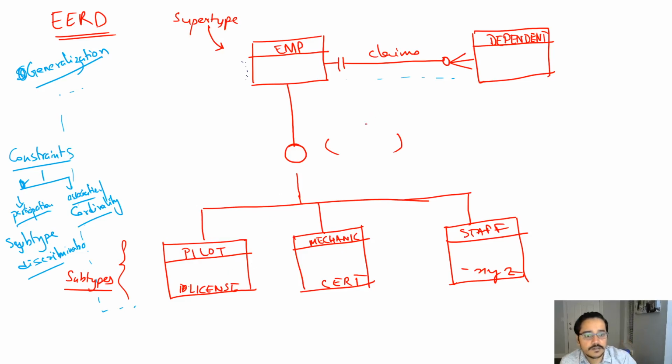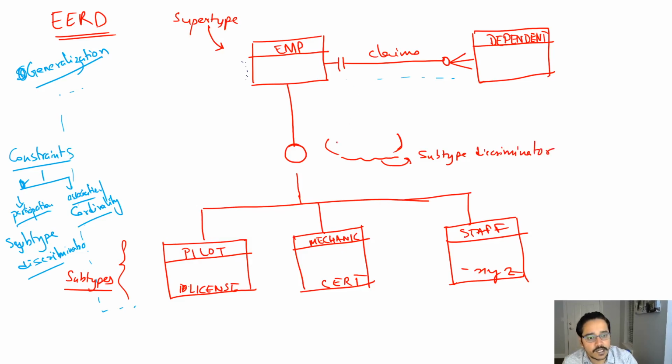And then here, this empty bracket that we have left out is basically going to specify the subtype discriminator.